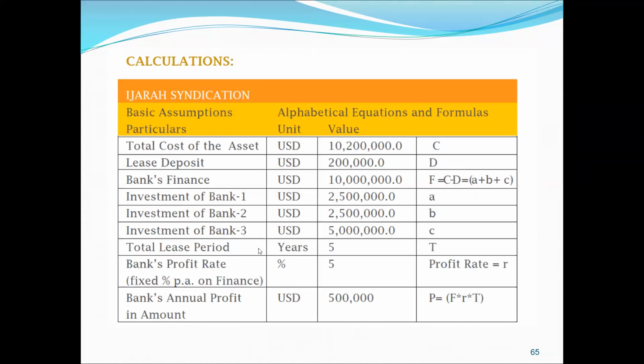The total lease period will be 5 years, and the bank's profit rate will be 5% fixed on finance. So the bank's annual profit will be 500,000. They will receive 500,000 each year, which will be shared among each bank.